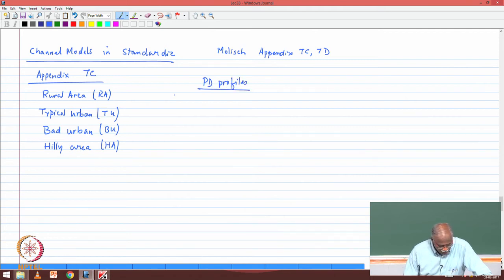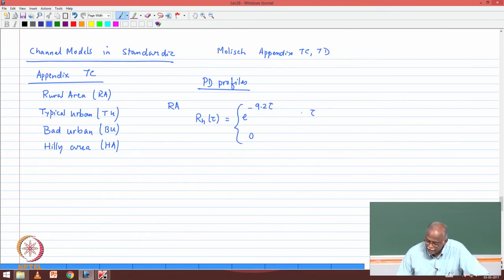For rural area, the power delay profile is given as P of tau equals e to the power minus 9.2 tau, if tau is greater than 0 and less than 0.7 microseconds, and 0 otherwise.